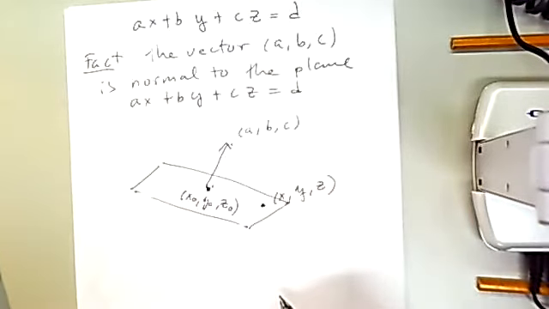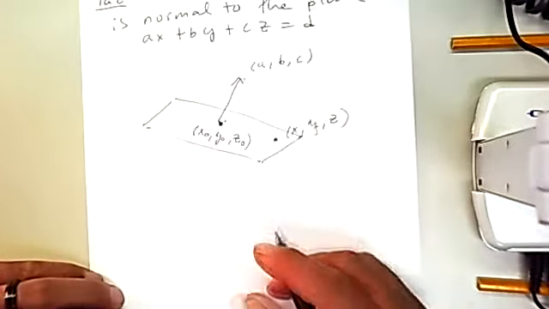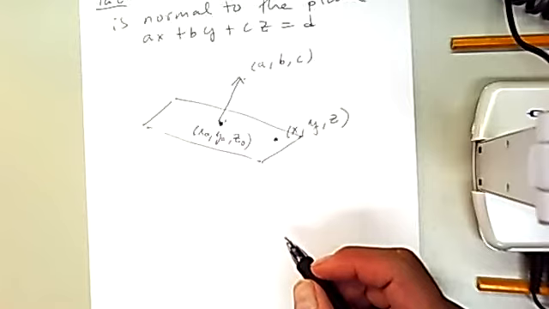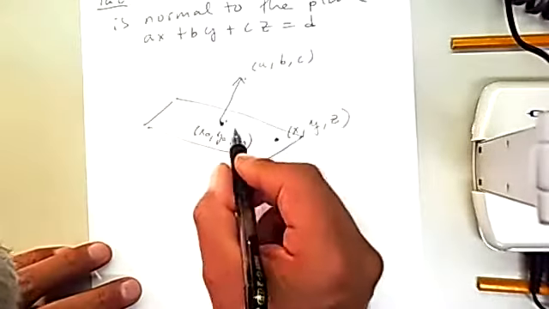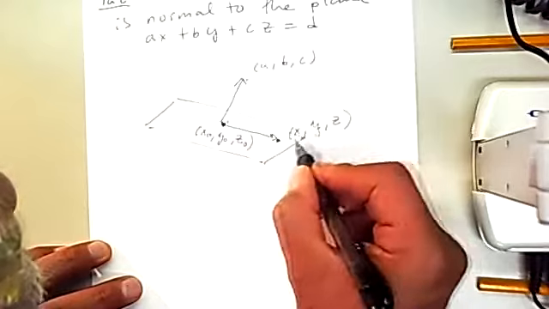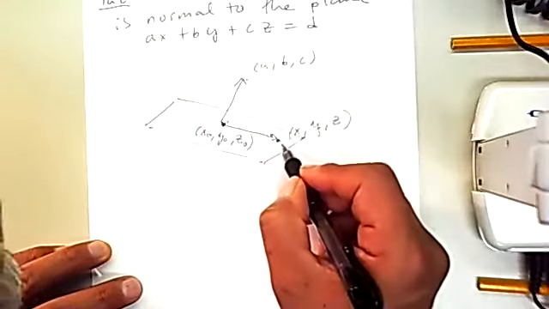So we want to show that the vector ABC is perpendicular to this vector from xyz, a generic point on the plane.